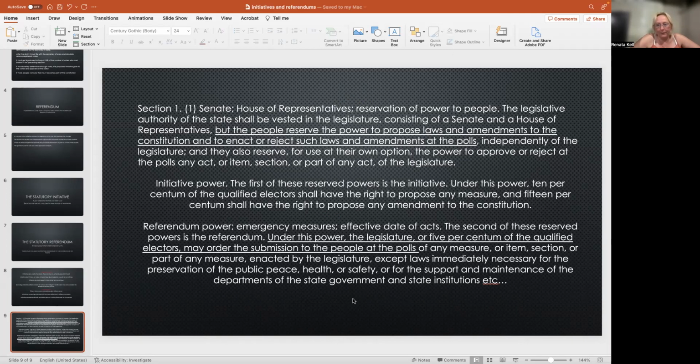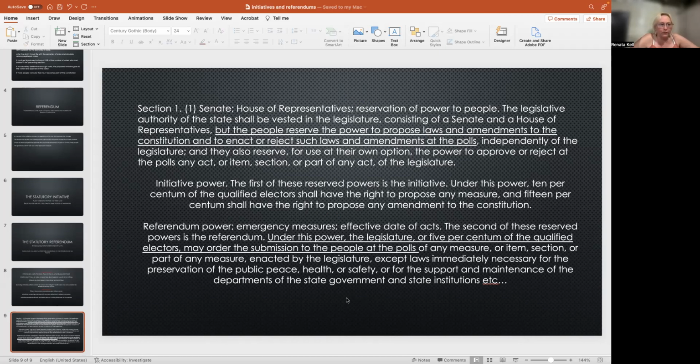But of any measure or item, section, or part of any measure enacted by the legislature, except laws immediately necessary for the preservation of the public peace, health, or safety, or for the support and maintenance of the departments of state. Those are the ones that are going to go directly to the government because they need it enacted immediately rather than wait for the next general election or to put it to the polls.